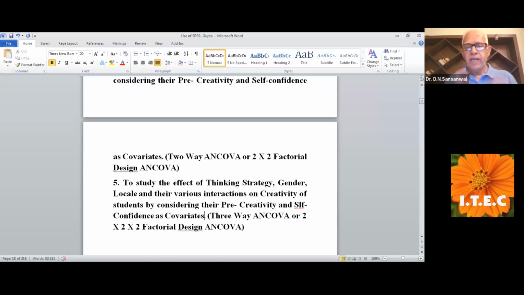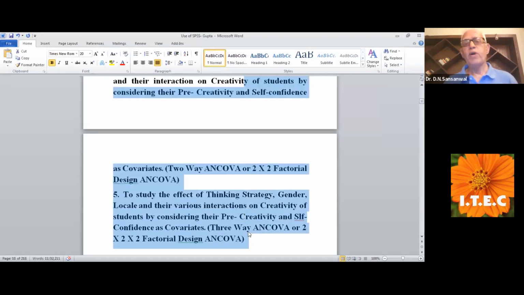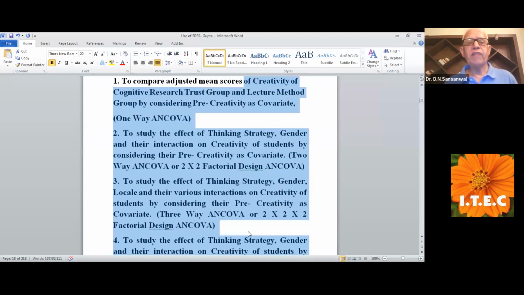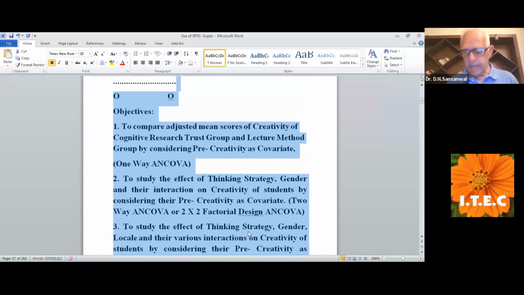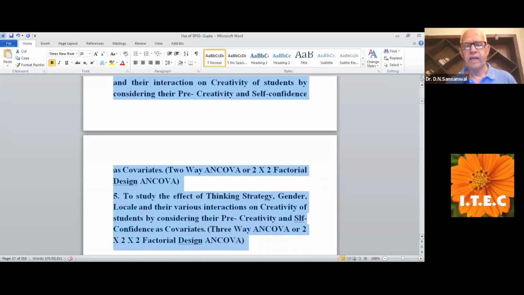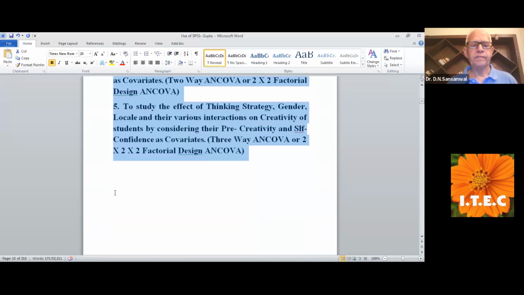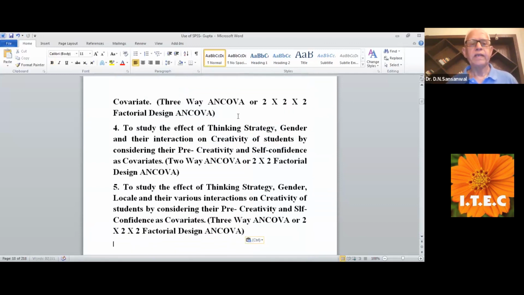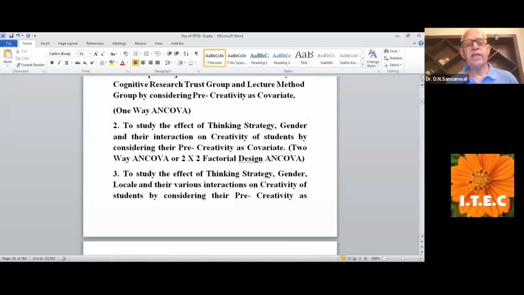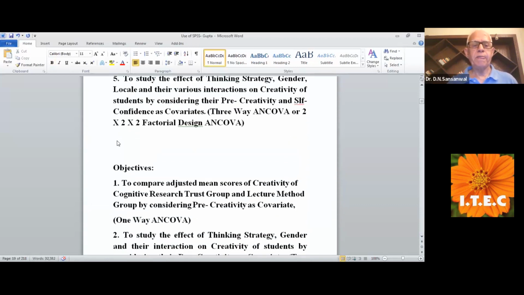Now, if you want to write the paper, objective will remain the same. Only the title of the paper will change. So I am just changing the title of the paper. Rest things will remain the same. So I am writing the title of the paper, you can see here.